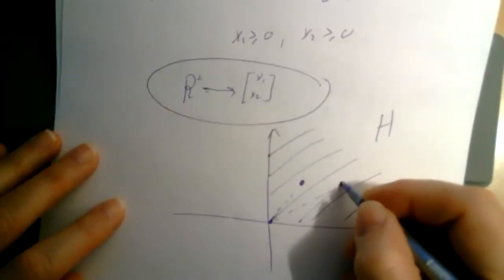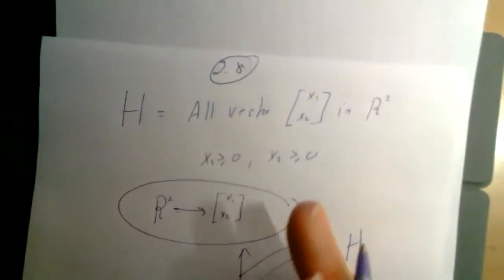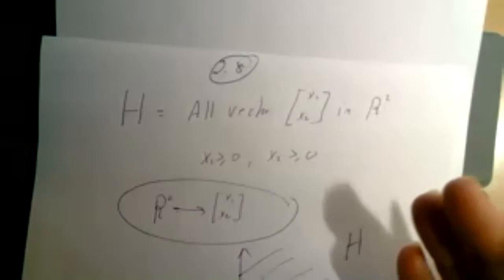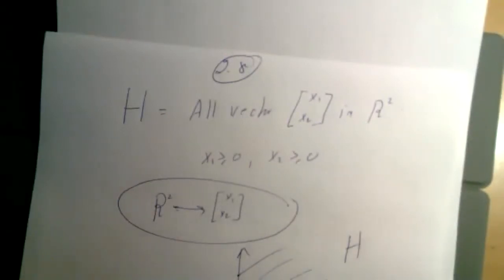Those are the vectors in H, everything here in H. So in this section, we're going to talk a lot about collections of vectors in R2 or collections of vectors in R3. This is what I mean by collection of vectors. So we start with a definition of subspaces and we're going to work with that today.